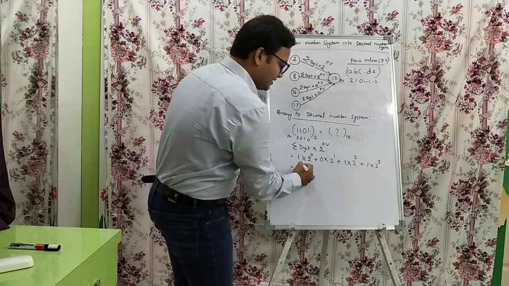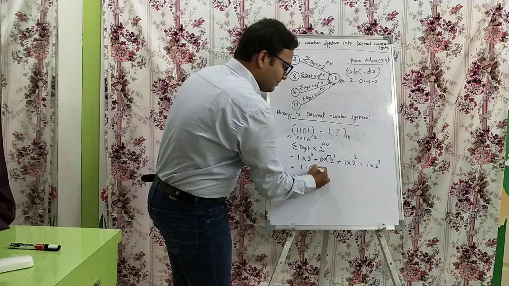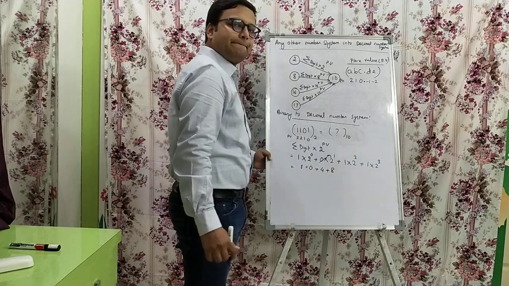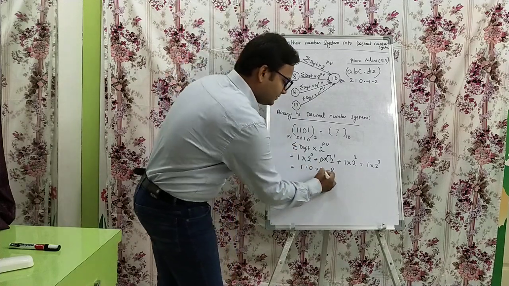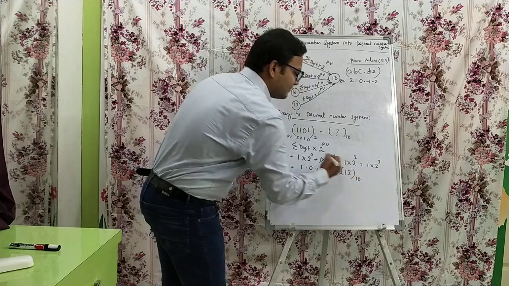So that is 1, plus 0 since 0 into anything is 0, plus 4, plus 8, which is 13 decimal.